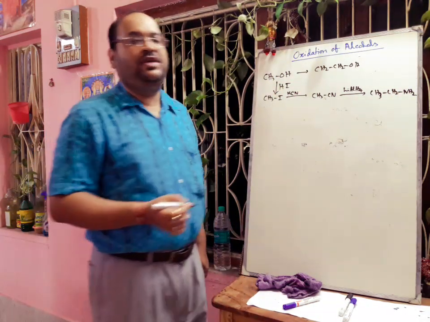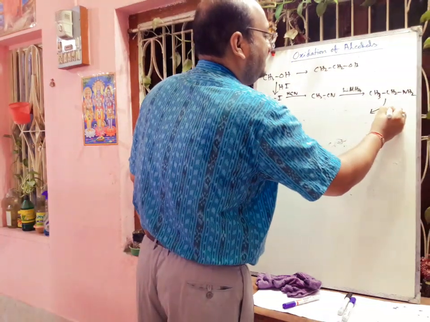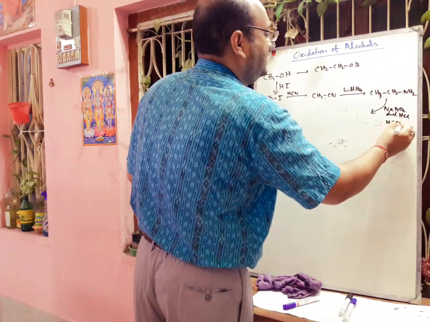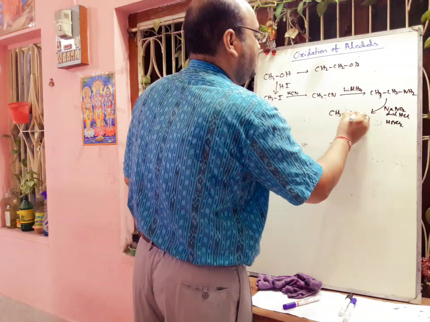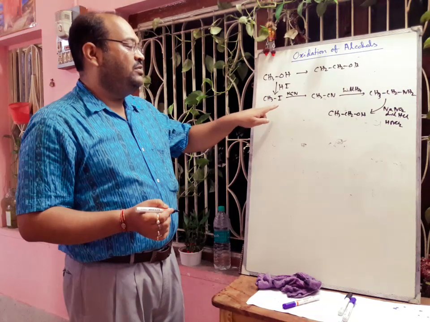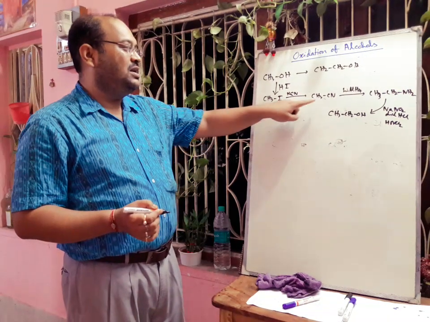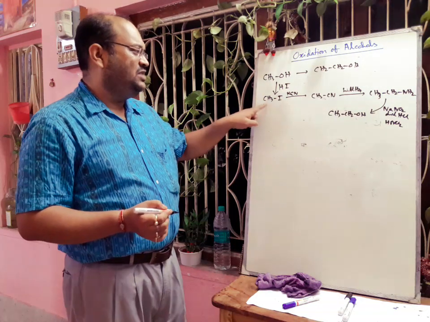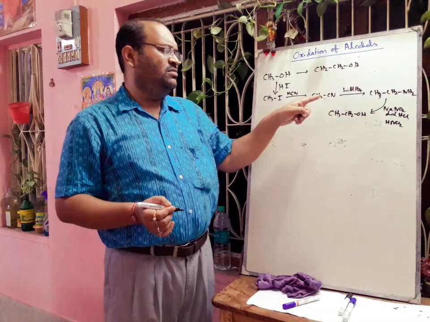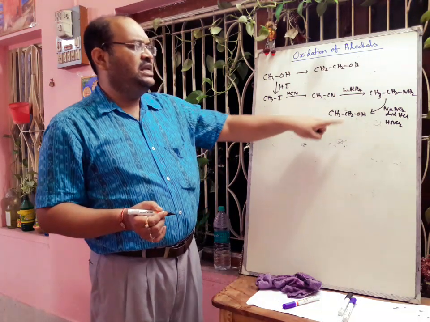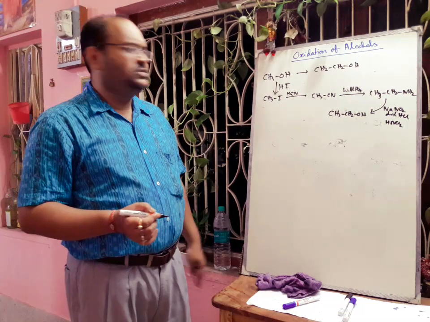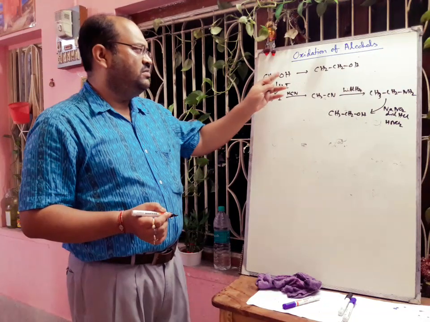Now in this ethylamine, if we use NaNO2 and dilute HCl, that means it is producing nitrous acid, and from here we will get the corresponding ethyl alcohol. So we have started from methanol, and in this step we have added one carbon by cyanide addition. This is an SN2 type of reaction, and finally by lithium aluminum hydride reduction we are converting cyanide to amine, and finally amine to alcohol. So in this way we can increase the number of carbon atoms. So this is the conversion of methanol to ethanol.